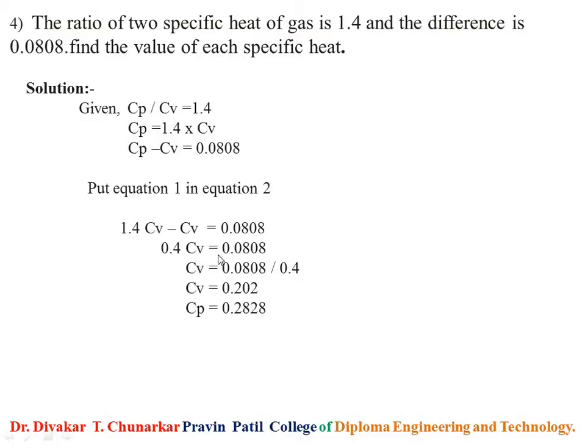So 0.4 Cv equals 0.0808, and Cv equals 0.0808 upon 0.4. So Cv equals 0.202 and Cp equals 0.2828. Keep this in your mind.